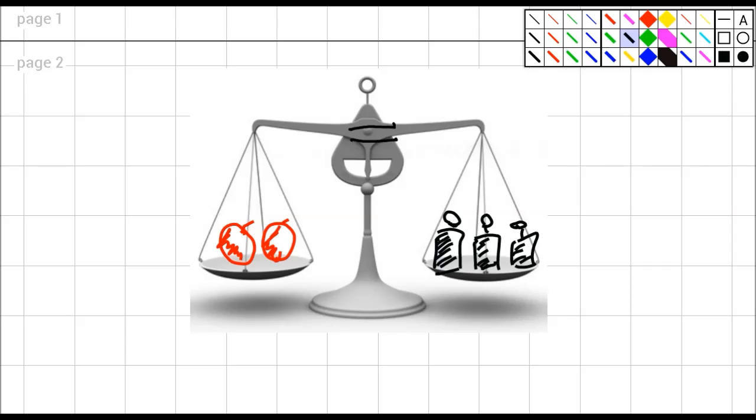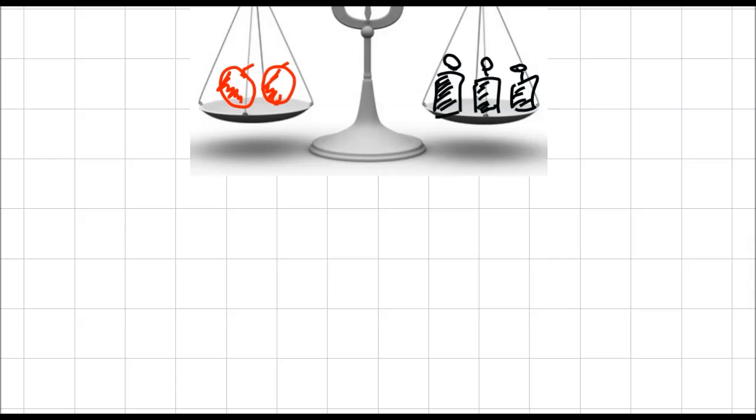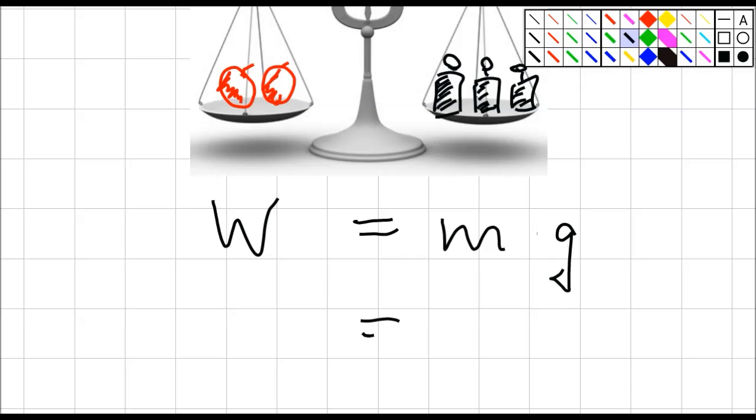So if we follow this concept, then we can say we have on this side weight, and that equals mass times gravitational acceleration. If I go for the numbers, I can say on this side 10 kilograms times 10 meters per square seconds, 100 here. Correct. Now I can go for the units of measurement.